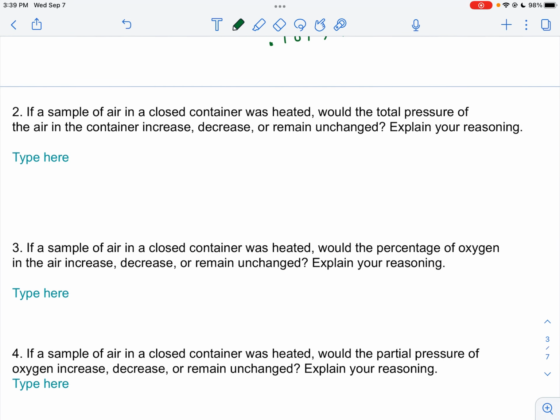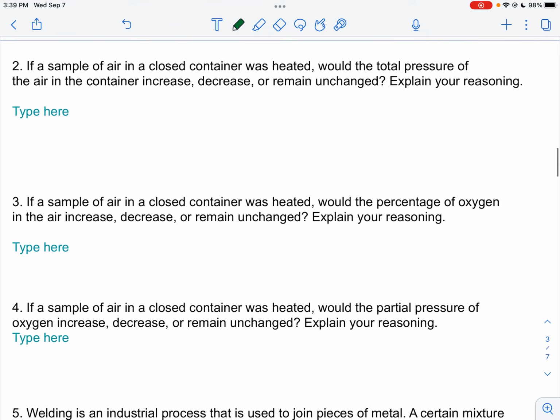Number 2, number 3, number 4, all of these are reaching back to what we talked about in the first unit, which is what happens when we increase the temperature inside a container. I know that if I increase the temperature, my particles are going to move faster. They're going to take up more space.